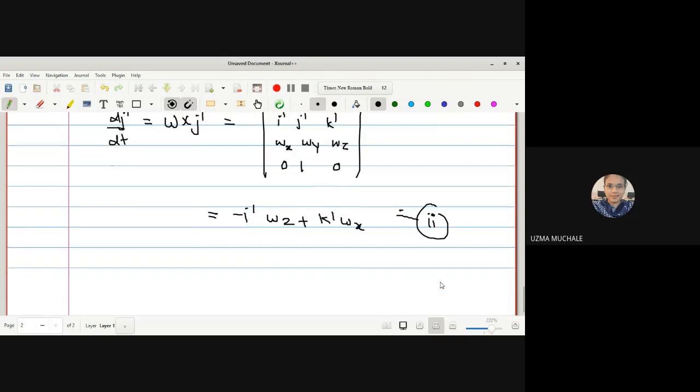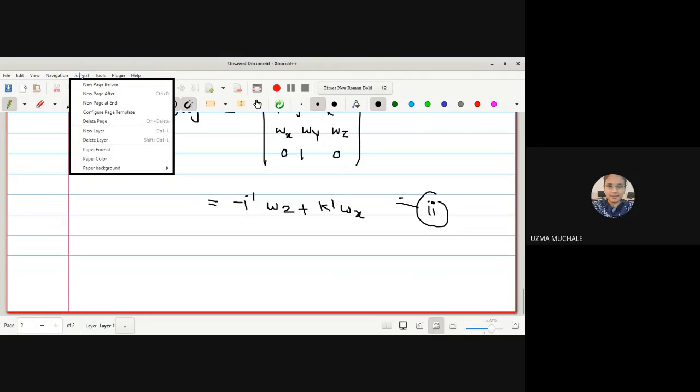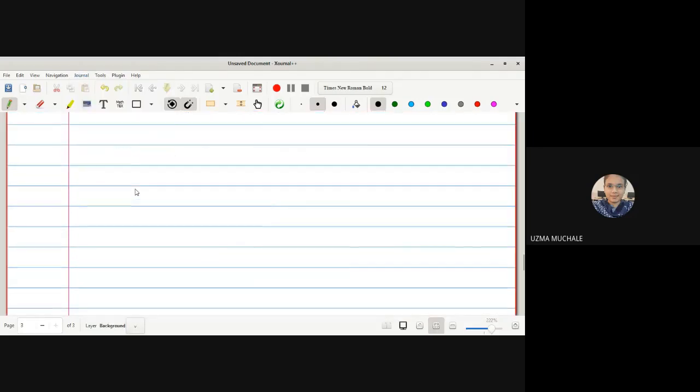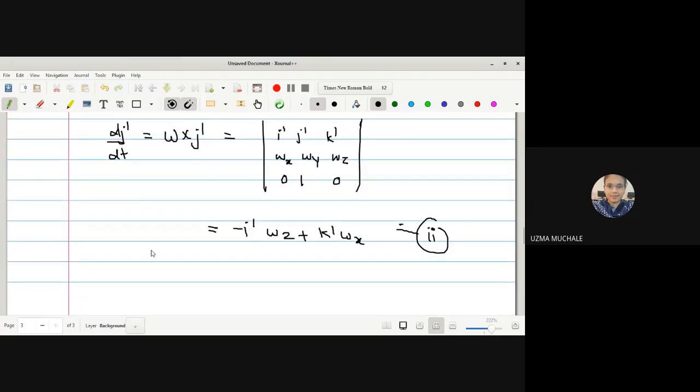Since we are going to use equations 1 to 3, that is the values of di'/dt, dj'/dt and dk'/dt, in our equation 5. In equation 5 we have got the relation, but we simply have to find the last term.